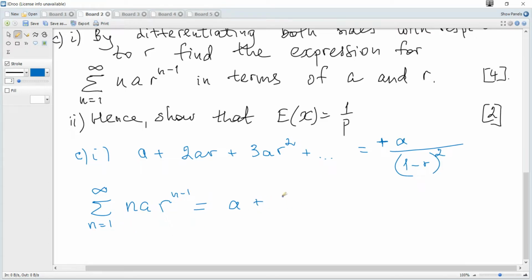When n is 2, it's 2a r and plus so on. So you can see that it coincides with this. So absolutely the same. So we can conclude that it is equal to what? A over 1 minus r squared.